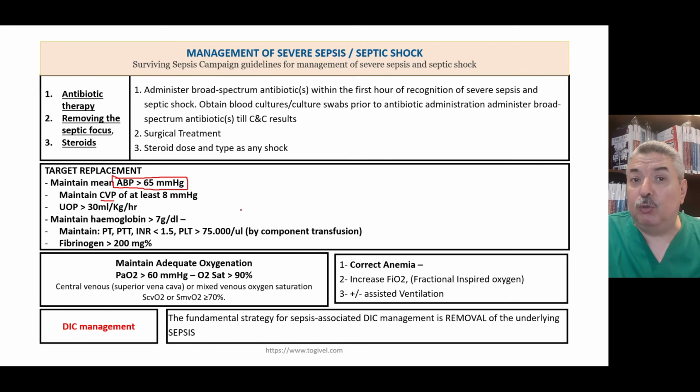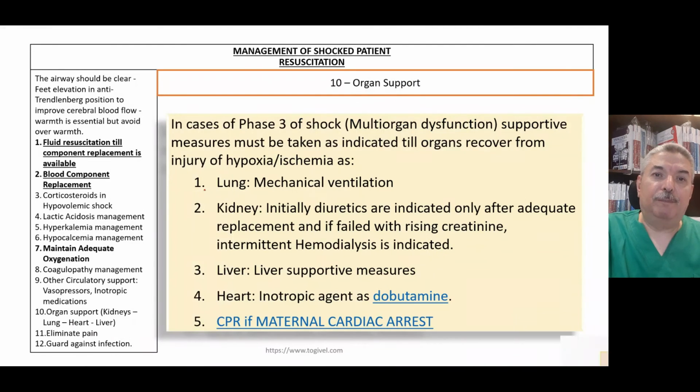So the patient is not losing blood, but she is losing volume. So we always have to maintain the volume, to maintain the central venous pressure at least 8 millimeters mercury. By the way, this is also my objective in any type of shock. But in septic shock, I have to watch these two parameters, the mean arterial blood pressure and the central venous pressure. The rest is just as any type of shock.